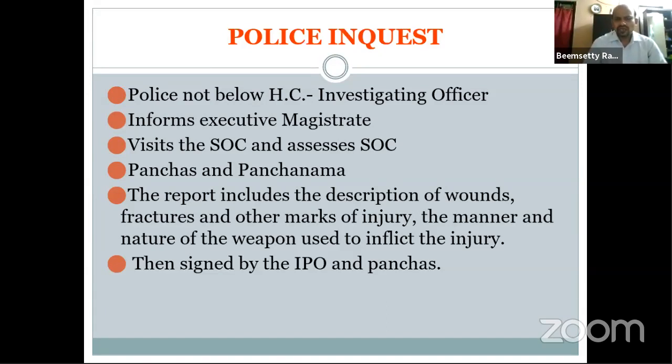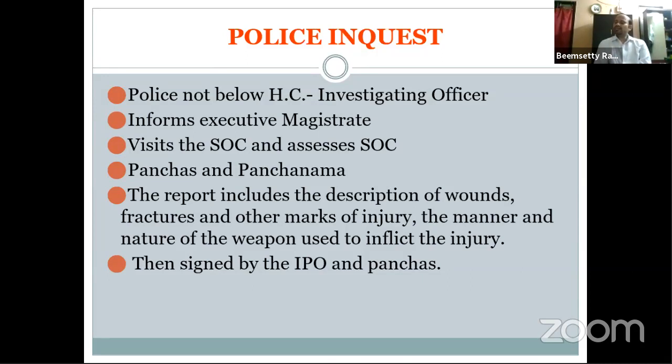Usually the persons who are superior or who hold influence in that particular area will be chosen and included in this inquest report, and they are called panchas. In a village, it means the village officer, sarpanch, people like that will be included in the inquest. And the report made is called panchnama.